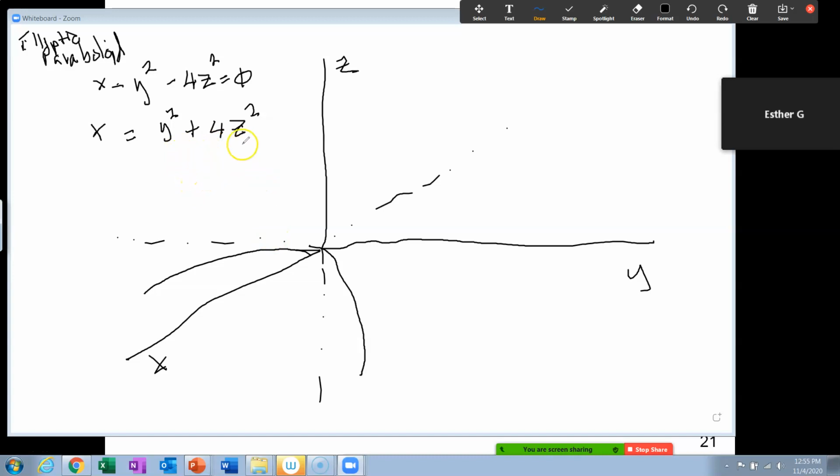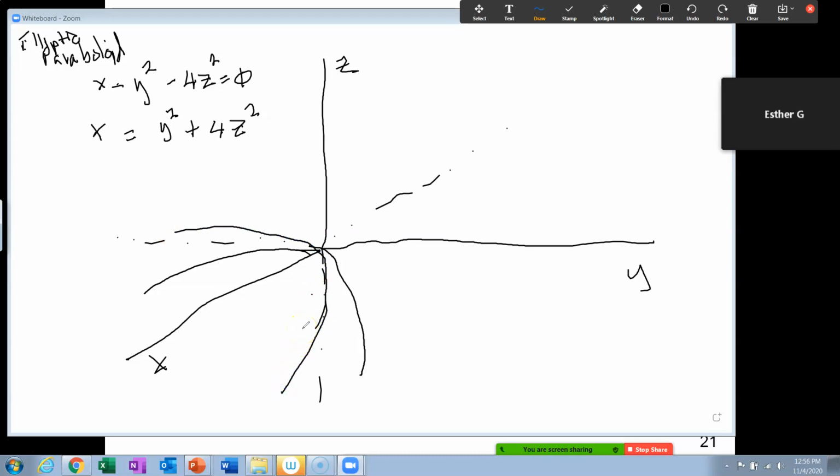Okay, now let's do the other one. Let y be 0, and that gives you the xz plane, and in the xz plane, which is this plane over here, this is so hard to draw. There is your parabola in the xz plane, like that.